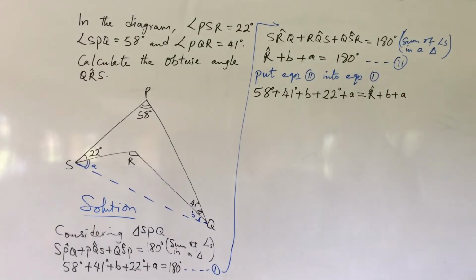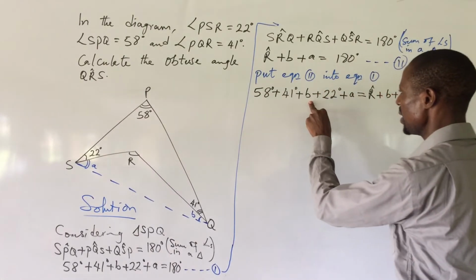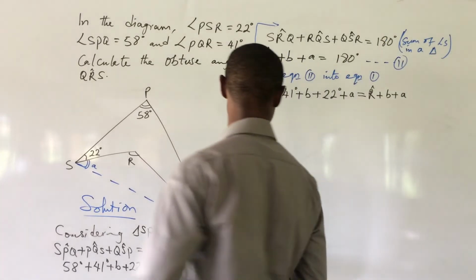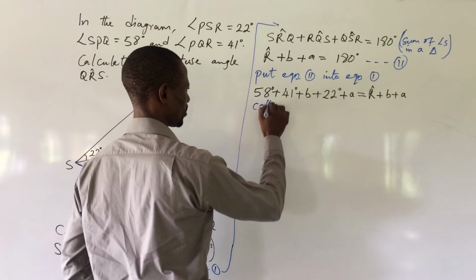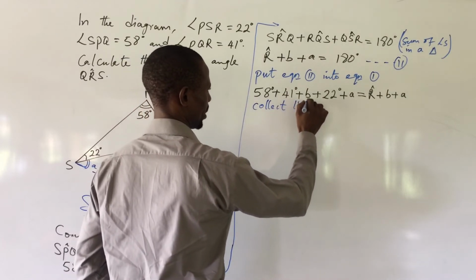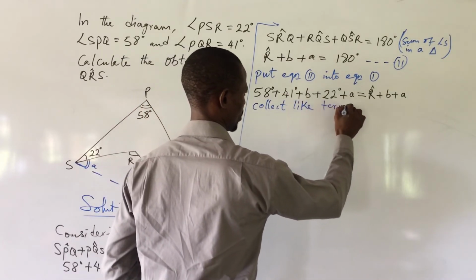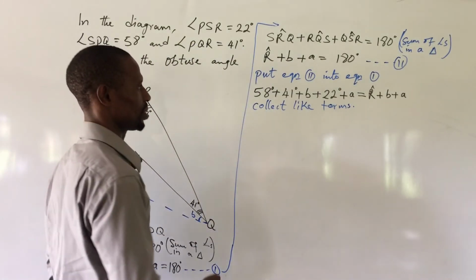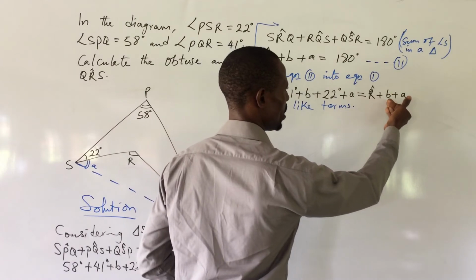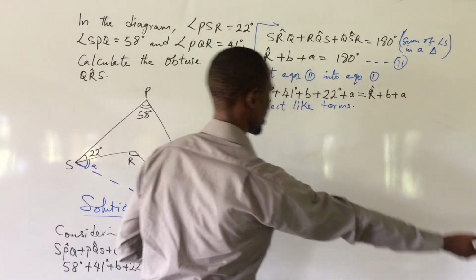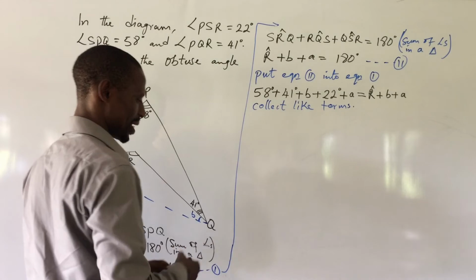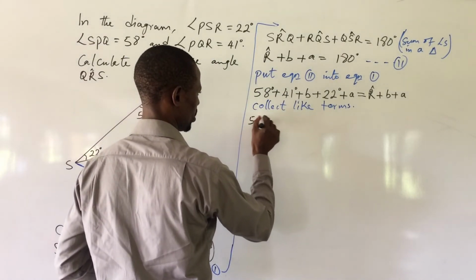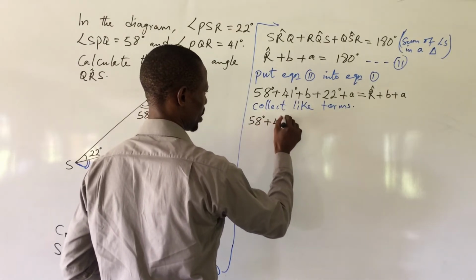All right, very easy now. We are having B here, A here. We are having B here, A here. So what do we do? We collect like terms. Now, collecting like terms, we move all the A and B on the right hand side to the left hand side. So if we do this, it will now give us 58 degrees plus 41 degrees.